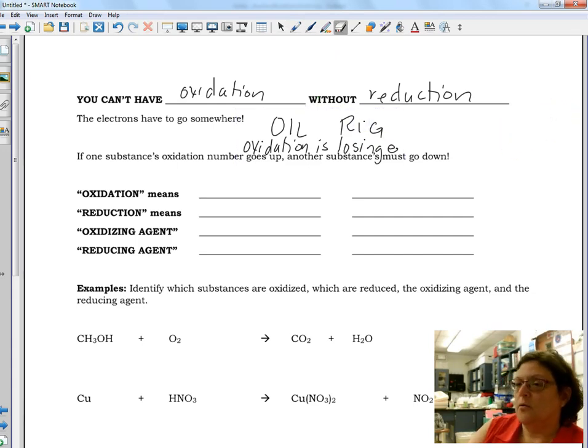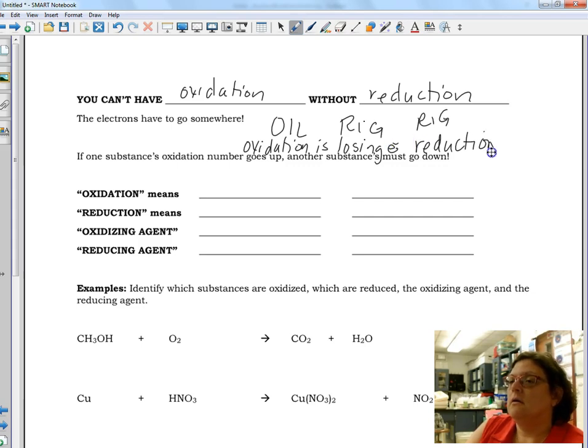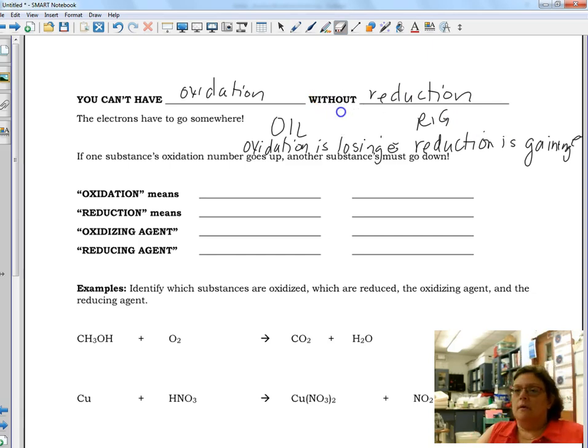RIG, I'm going to rewrite over here, means reduction is gaining electrons. Okay? OIL RIG. Oxidation is losing electrons.